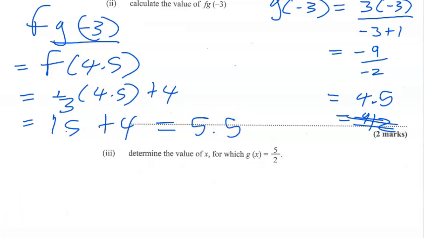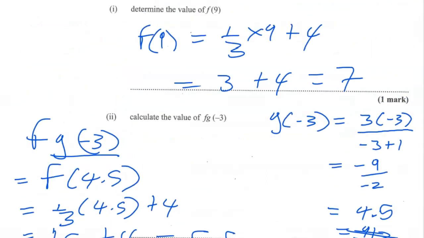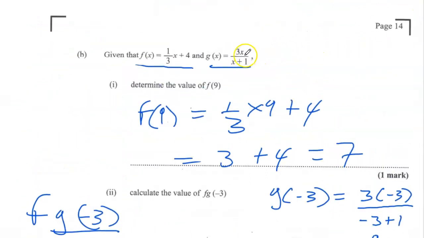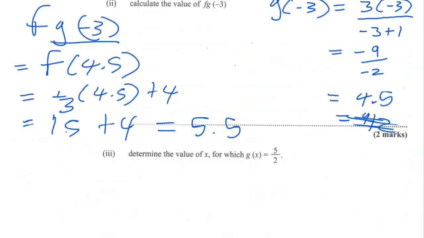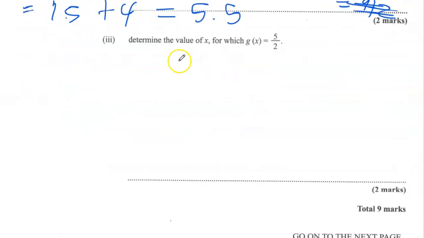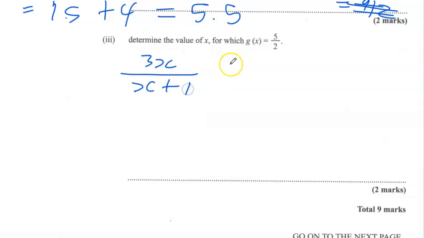so our solution there is 5.5. Next, determine the value of x for which g of x is equal to 5 over 2. Now, what was g of x? g of x was 3x over x plus 1. So 3x upon x plus 1 is equal to 5 upon 2.